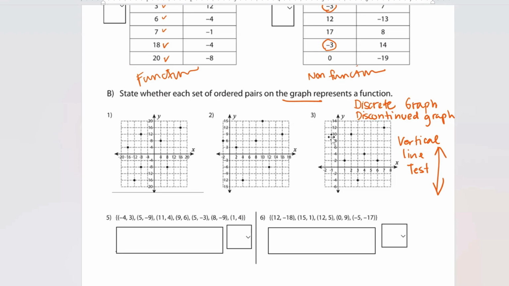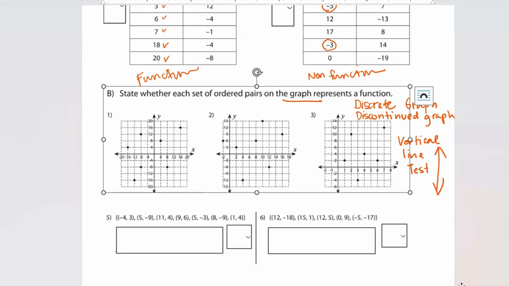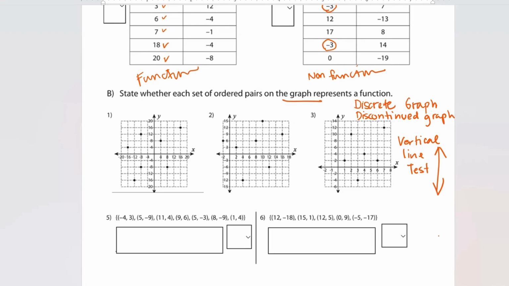Let's start with number one. Once, once, this is twice. So basically, this is non-function, because of these two dots. Although those are one, this two tells me it's non-function.